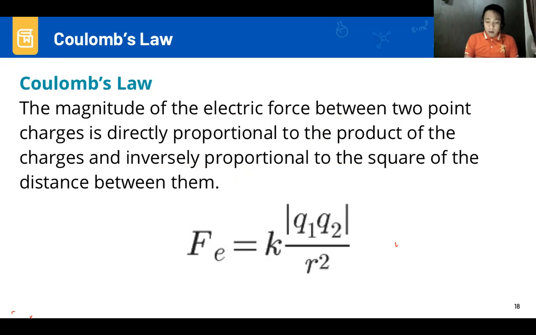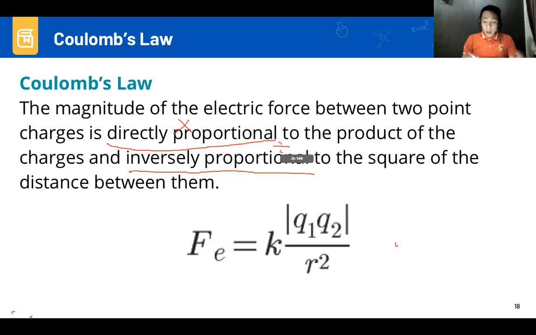We already encountered directly proportional when you were in grade 9. So what will be the operation? When we say directly proportional, this is about multiplication. Inversely proportional means division.